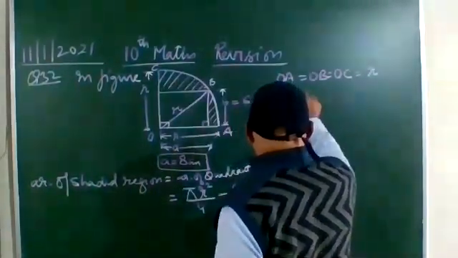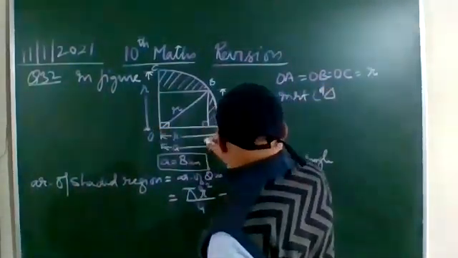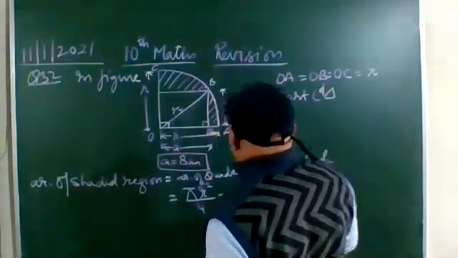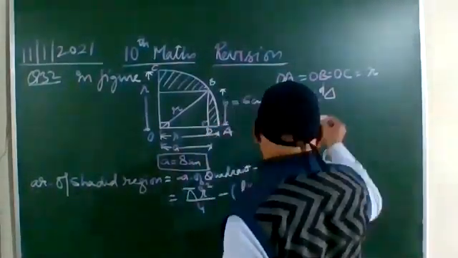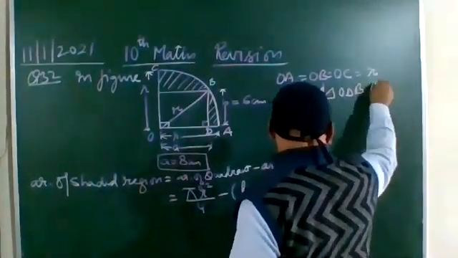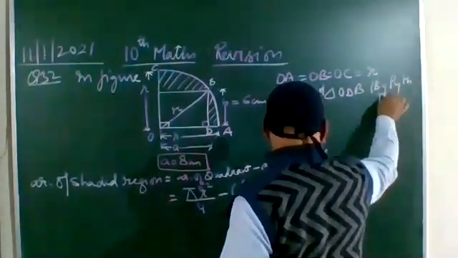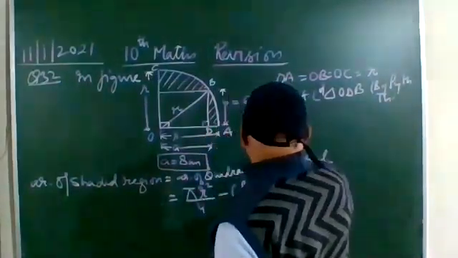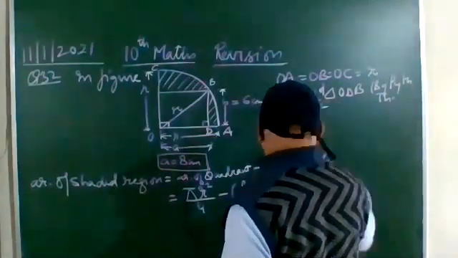Now, in right angle triangle ODB, by Pythagoras theorem, a square plus b square equal to r square.